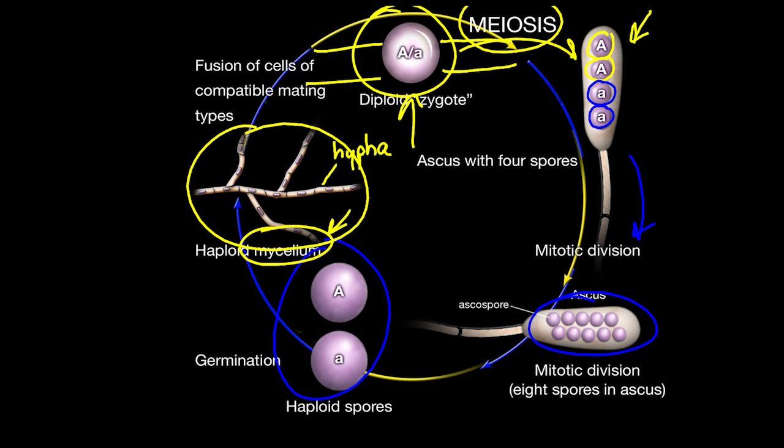A sexual life cycle, remember, has to have alternation of generations, but nobody said exactly when you have to have it. So fungi have a different strategy than plants or animals. Generally, what we need to focus on is the event that has a diploid cell undergoing meiosis and producing spores.